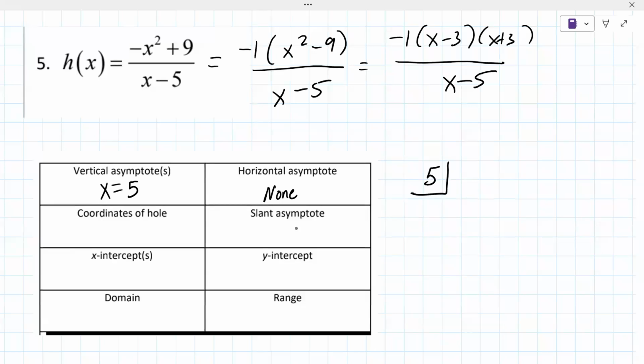Be very careful with how you do this. You're actually going back to the original unfactored form, but there's a 0x there to consider. Yeah, right? It's really minus x squared plus 0x plus 9.